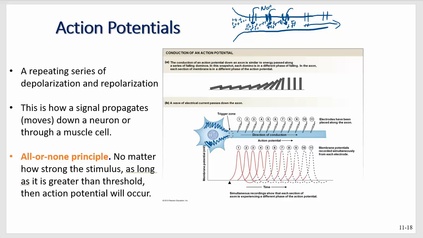This picture up here is showing dominoes. So we have something called an all or none principle. If we go back to the axon hillock, in this trigger zone there are these initial voltage-gated channels that open, and that's going to cause the action potential.